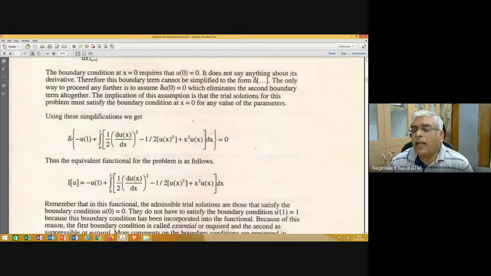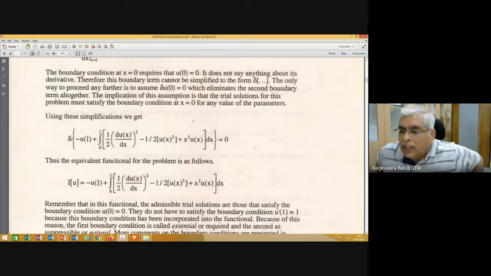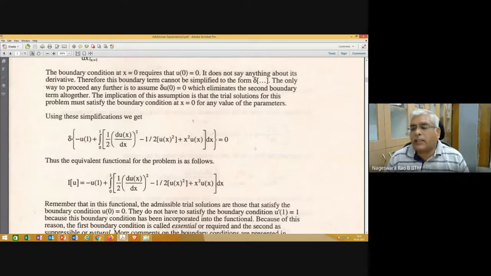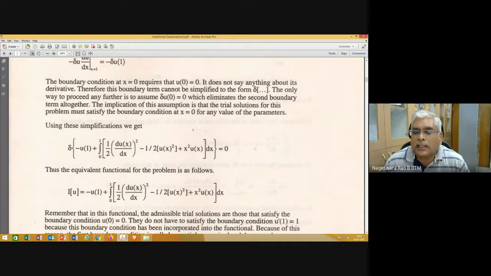If you are comfortable in going in the forward direction, you can easily go in the backward direction. But it takes time, okay? But that kind of knowledge is very much essential. I just want to emphasize that. It's not that you need to do it, but later when you are trying to understand the finite element method or any of the numerical methods, that kind of exercise is very, very important.